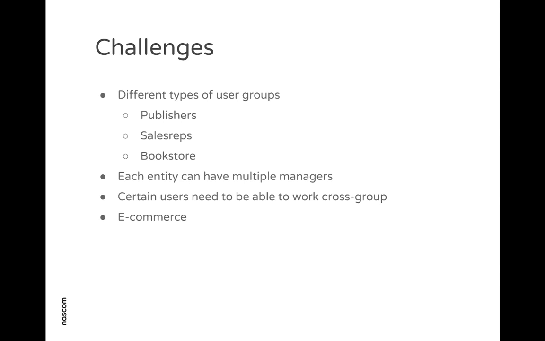So we might have a sales rep group that consists of 2 salespeople who have to be able to log into their part of the site and manage the sales they made for bookstores that they represent, etc. So we have multiple managers of content, and there needs to be some kind of cross between the content within the groups. And then there's the e-commerce aspect that needs to be integrated as well.